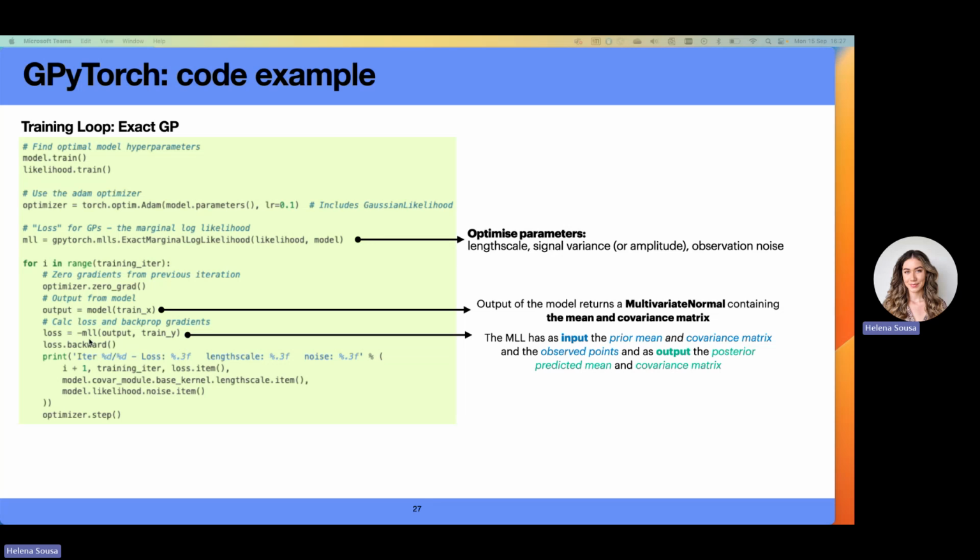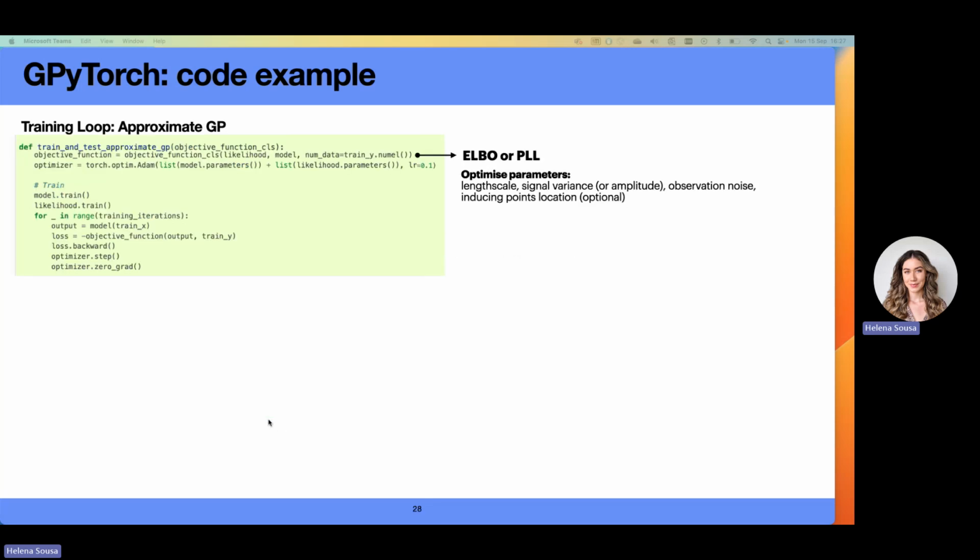Then we just compute the loss, so it's quite straightforward. For an approximate GP, again it's quite similar, but this time we usually define the loss function as either the ELBO or the predictive log likelihood, and we similarly optimize the kernel hyperparameters. We can also optimize the inducing point locations, but this is optional.